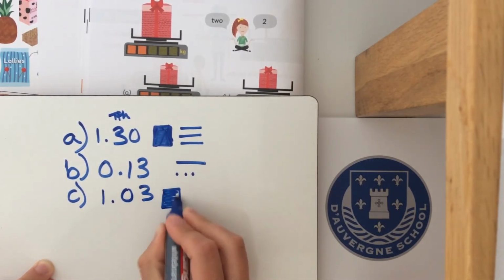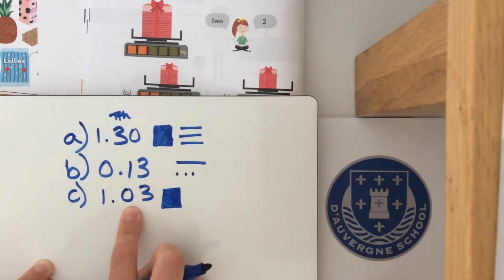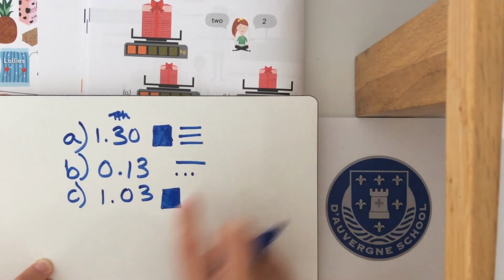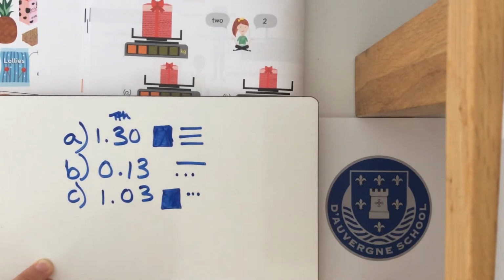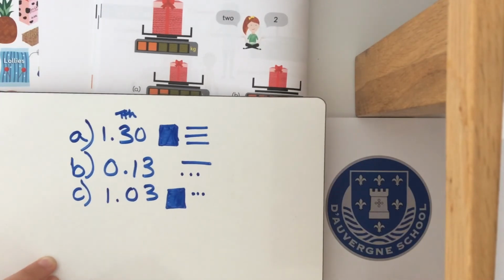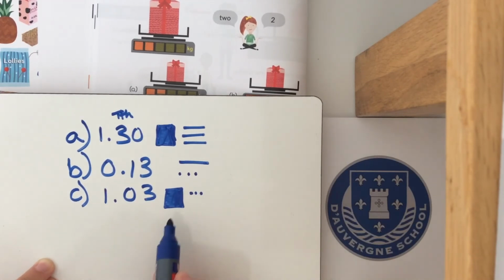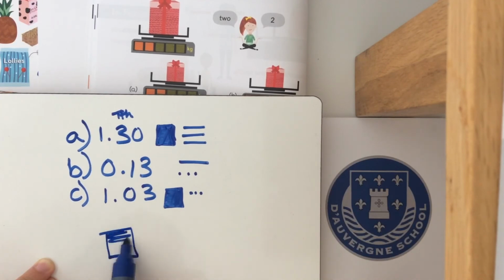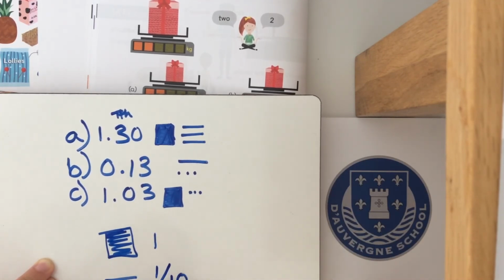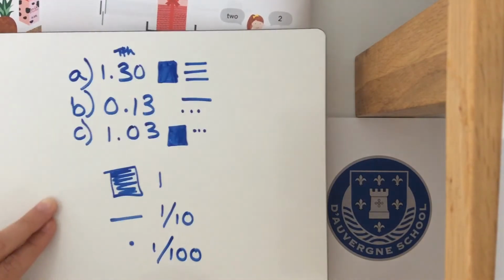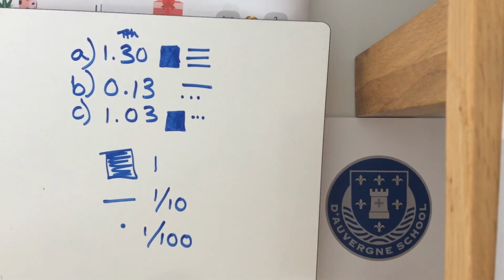I need 1 whole, 0 tenth sticks, and 3 hundredth cubes. Okay, I hope that makes sense. Think about our base 10 equipment. Our squares being worth 1 whole, our sticks being worth 1 tenth, and our little cubes being worth 1 hundredth. Okay.